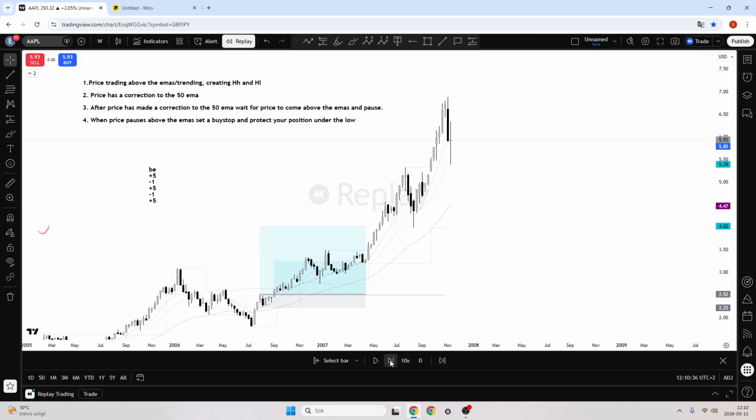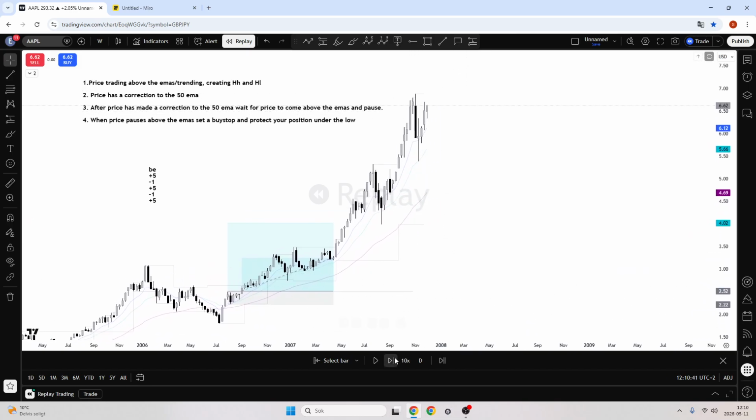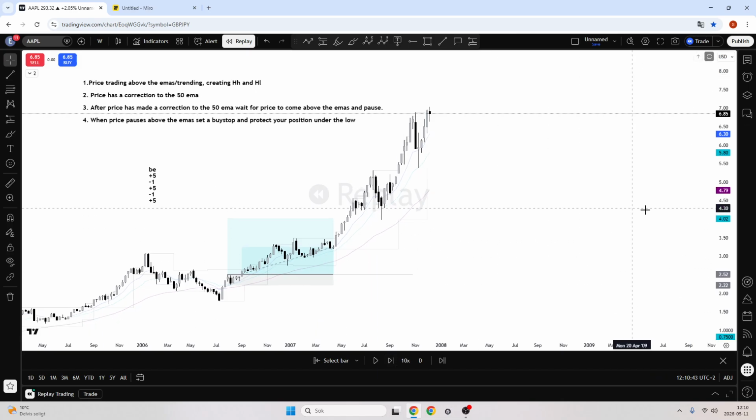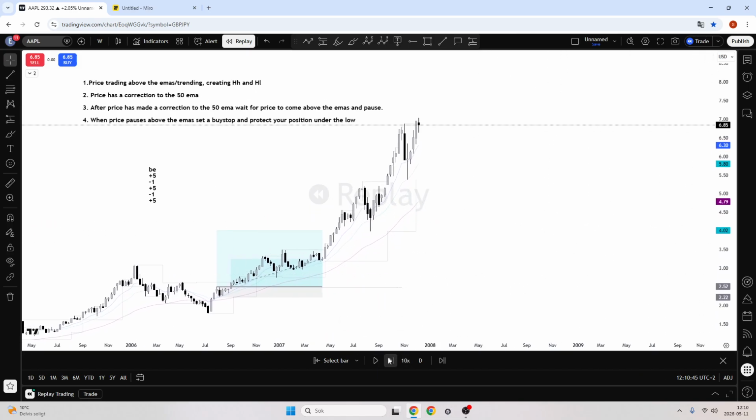Because there is no such thing as a too large sample size in trading. Data is, I would say, one of the most important things, if not the most important thing.